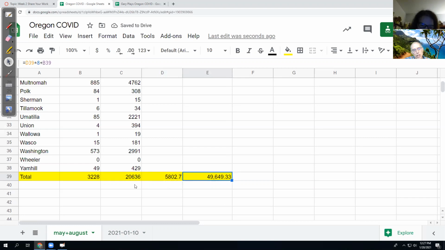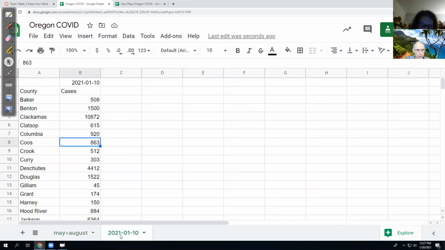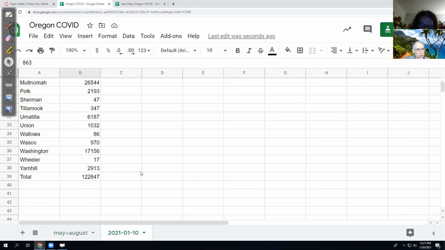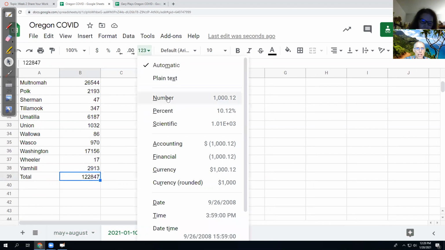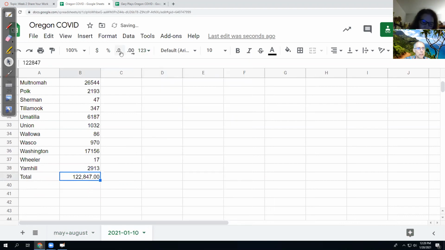Okay, so this says, okay, if the trend from May to August continued, there'd be around 50,000 total cases in Oregon. The health authority last week said there were, what's that, 120,000? 120,000, so more than double the amount than the trend that started in May and August.